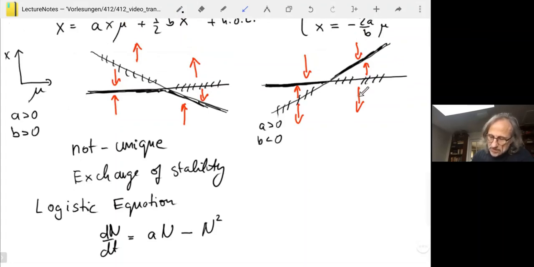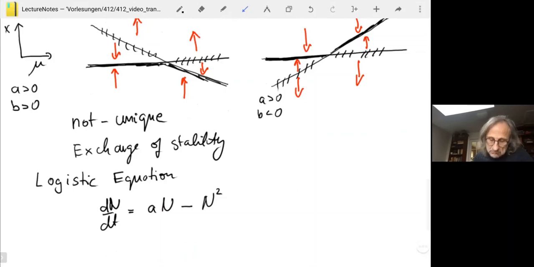And so you could ask, well, what about this branch? There's a stable branch here, which we never talked about. We only talked about this one. Well, it's because this is where the other solution would be a negative population. And so this whole range here was just never considered for that equation. But in principle, mathematically, the logistic equation exhibits the transcritical bifurcation if you allow a to be negative and maybe the population to be negative.